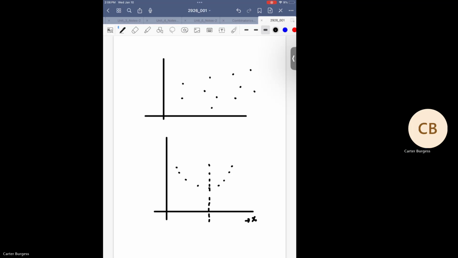What does this seem to really resemble? Yeah, what did you say, Liz? A parabola. It looks a whole lot like a parabola or a quadratic. And so while a line might not do a particularly good job of describing this, maybe a quadratic would do an even better job, or maybe even, obviously not for this one, a cubic function would be good, or maybe a quartic function would do a really, really good job.